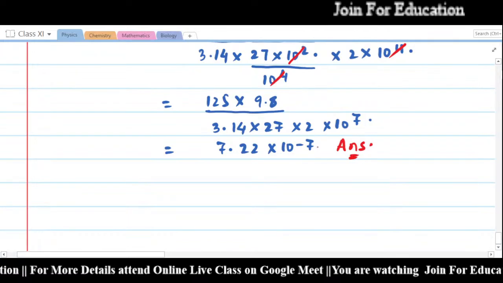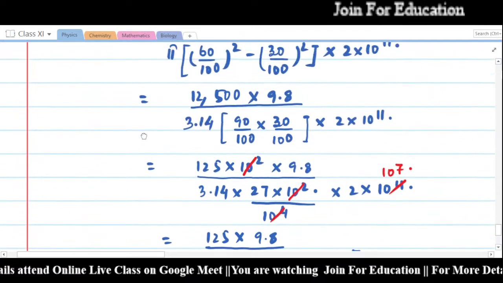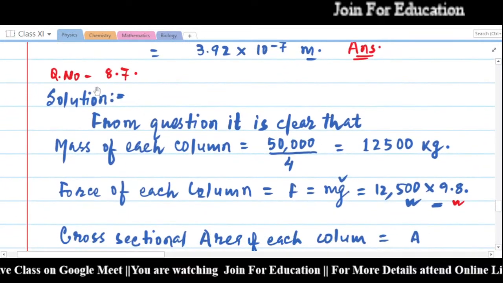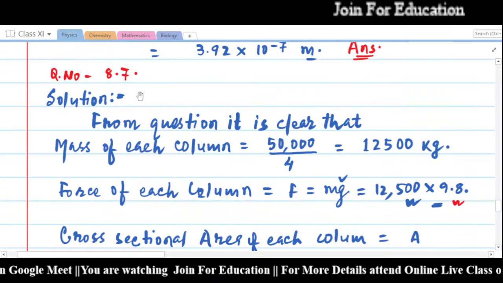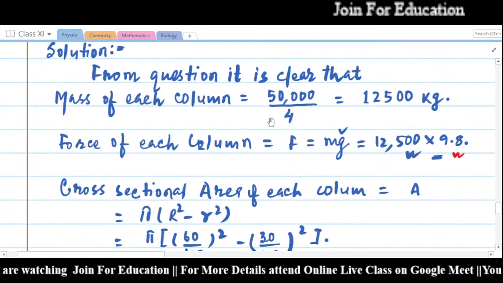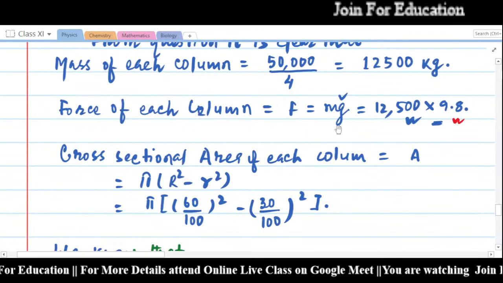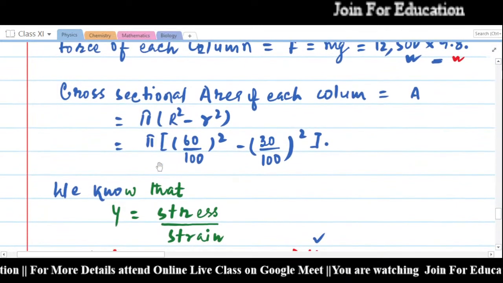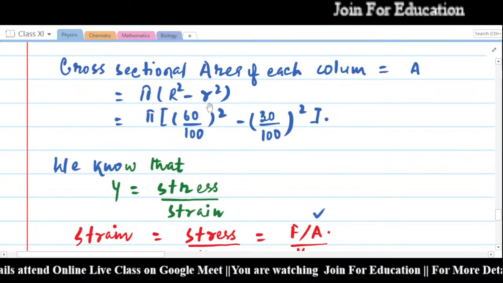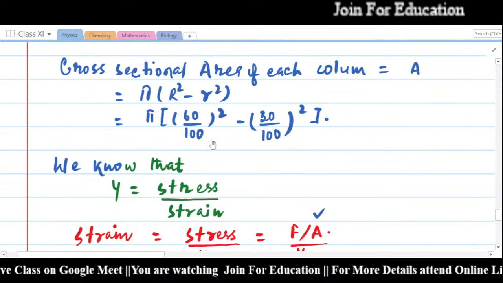Hope that there is no problem to understand the solution of this question. Let's see once again. This is question number 8.7 of NCERT textbook. Here is the solution. From the question it is clear that force on each column F equal to mg equal to this one. Cross sectional area of each column is A equal to pi (R square minus r square), because the column is in the shape of a hollow cylinder.